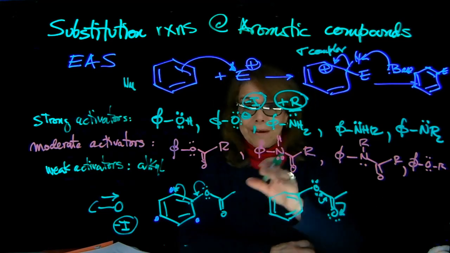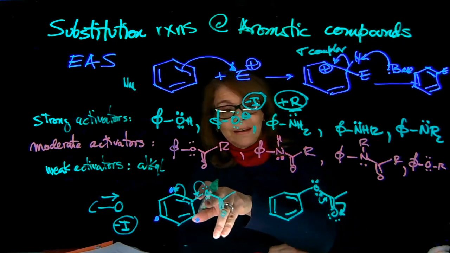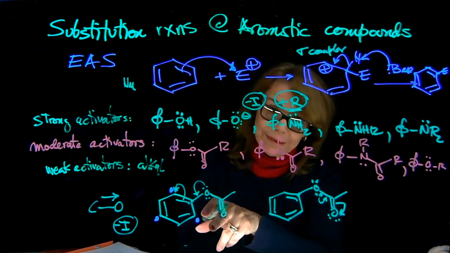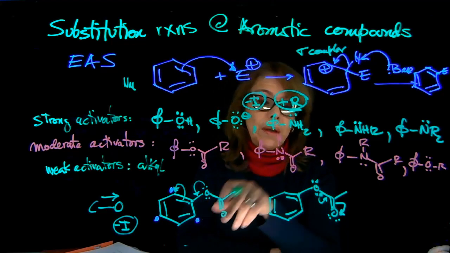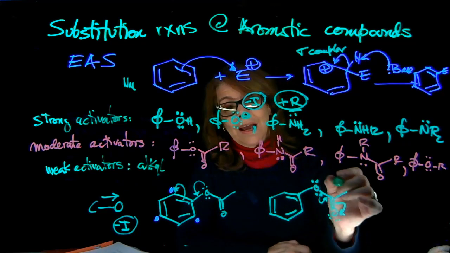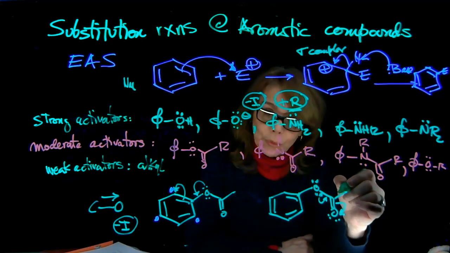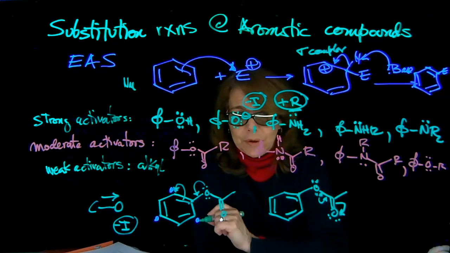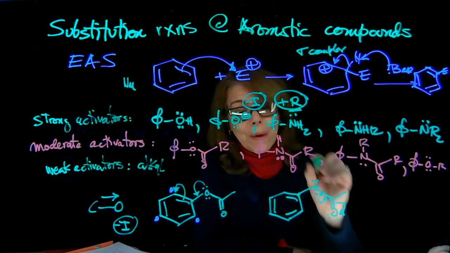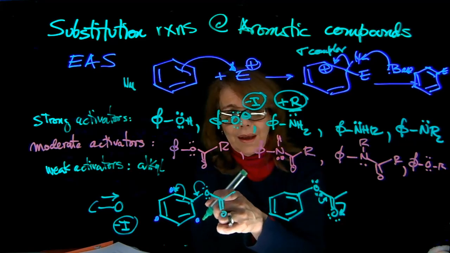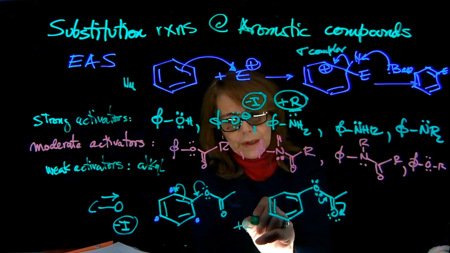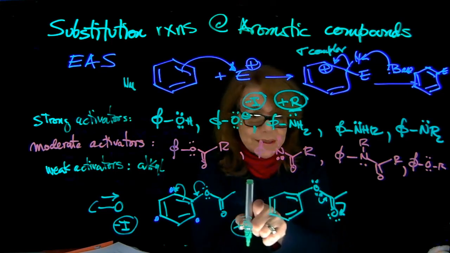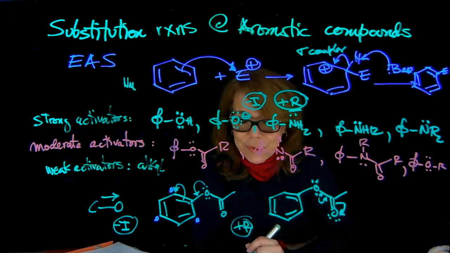So in other words, having that opportunity, this group is not as effective donating electron density towards the ring because of the electron attracting or withdrawing effect of the carbonyl nearby. So that makes this group a less effective electron donor by resonance toward the ring, because some of that electron density is being delocalized toward the carbonyl.